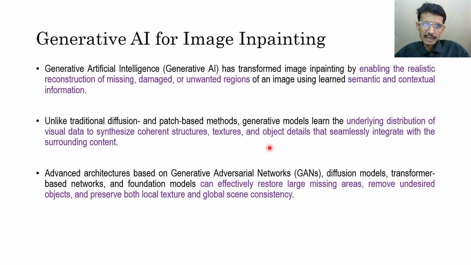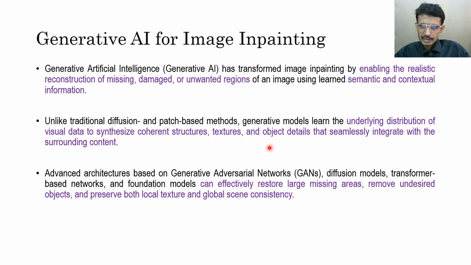Now, how does it basically help? Generative AI has transformed image inpainting by enabling the realistic reconstruction of missing or damaged regions of an image using semantic and contextual information. Unlike traditional diffusion and patch-based methods, generative models learn the underlying distribution of visual data and synthesize coherent structure, texture, and object details that seamlessly integrate with the surrounding content.